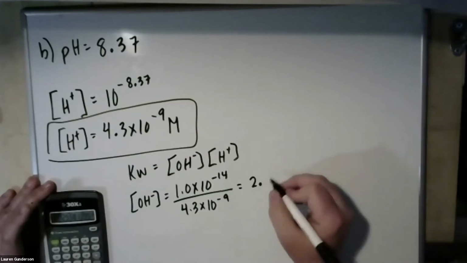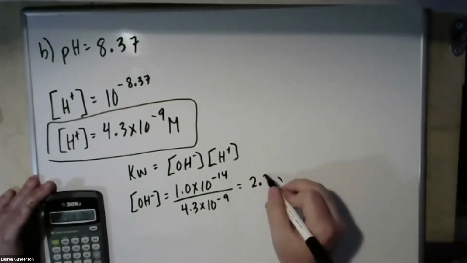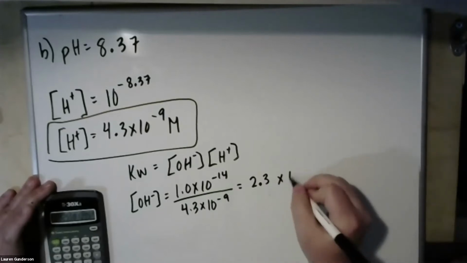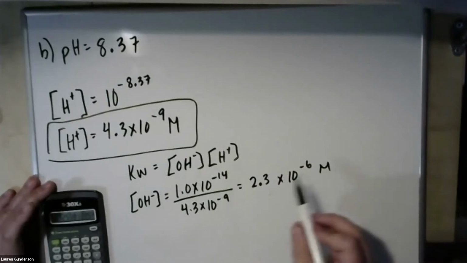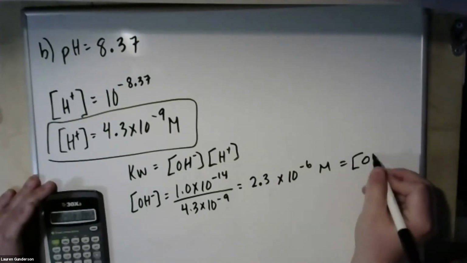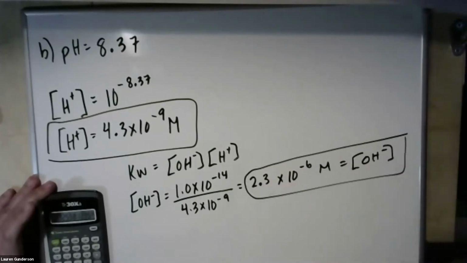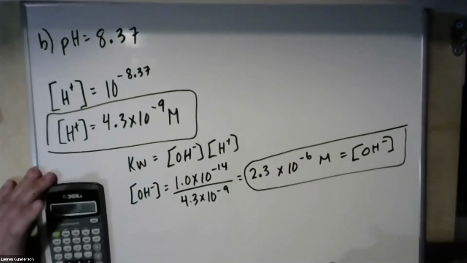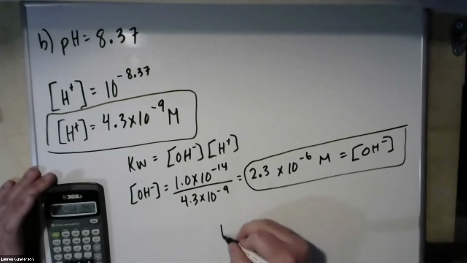I get 2.3. I said 3, I wrote down 2, that's good. 2.3 times 10 to the negative 6 molar. Okay, so that's my hydroxide ion concentration. All right, last thing I'm going to do is find the pOH.